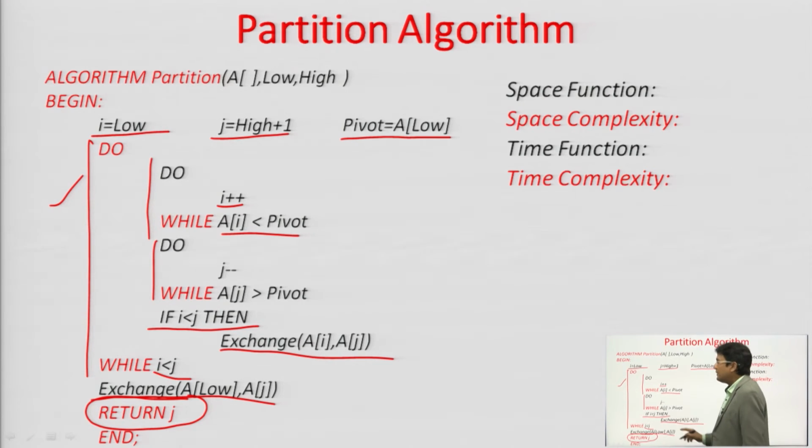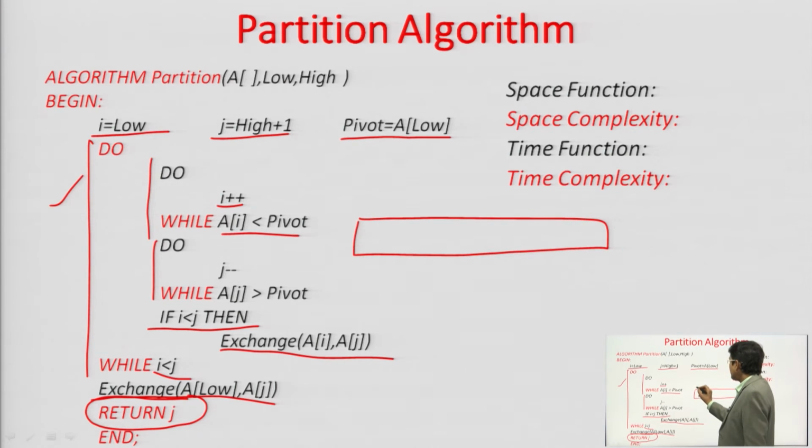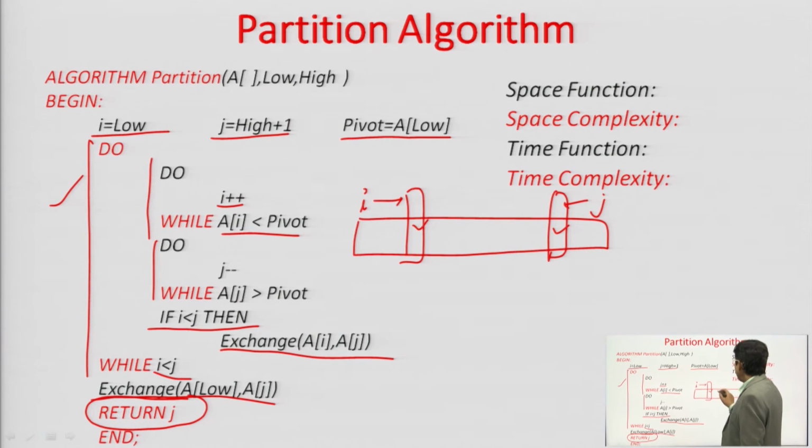So, what is happening here? We have an array, we initialize i, we initialize j, we increment i and decrement j. Okay. After each increment and each decrement of i and j, we are going to compare these two elements. If i is less than j, then we will exchange these two.